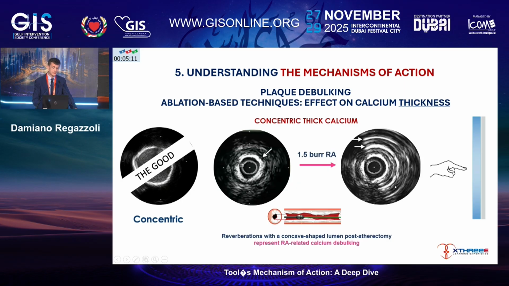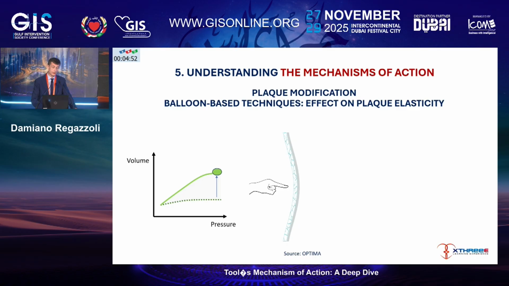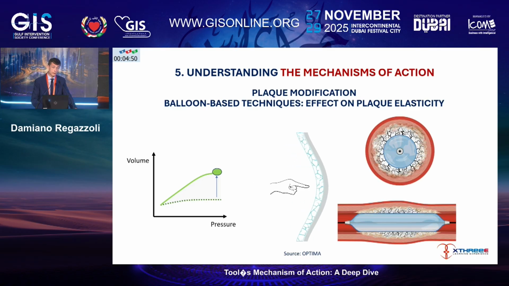After rota, we can see the reverberation starting, and so now, after doing our debulking technology, we are ready to start plaque modification and lesion preparation. We remove the calcium, and then we are ready to do the lesion preparation with our non-compliant balloon. Sometimes you will need IVL, sometimes cutting, but usually after rota, non-compliant balloons are enough.